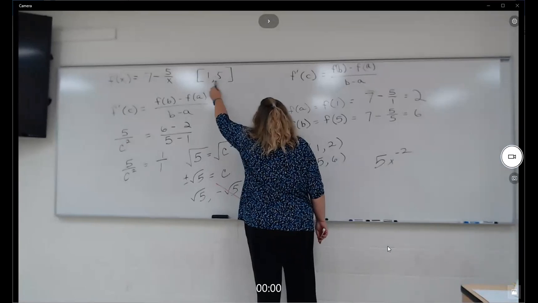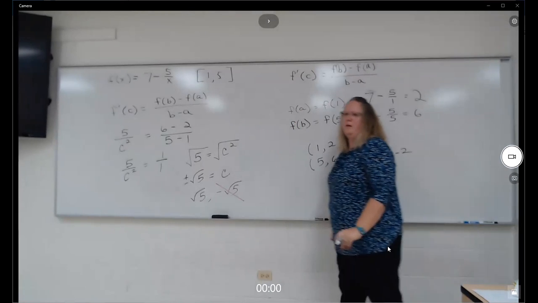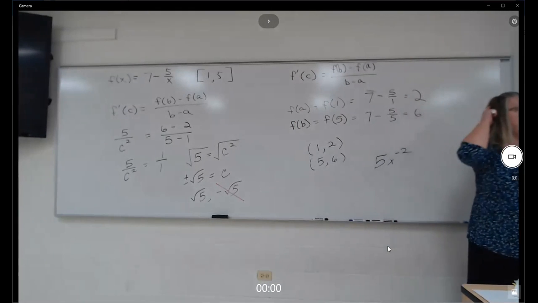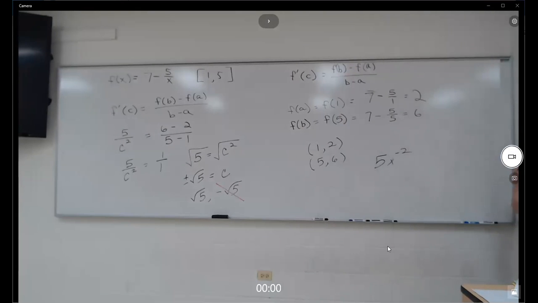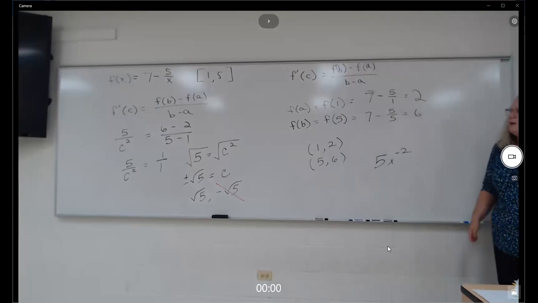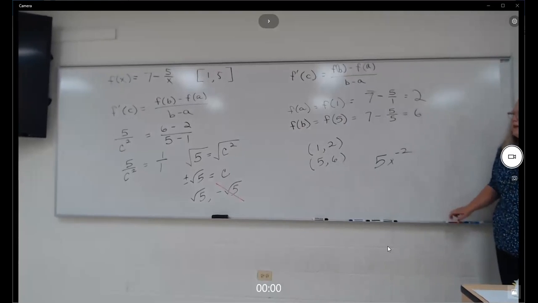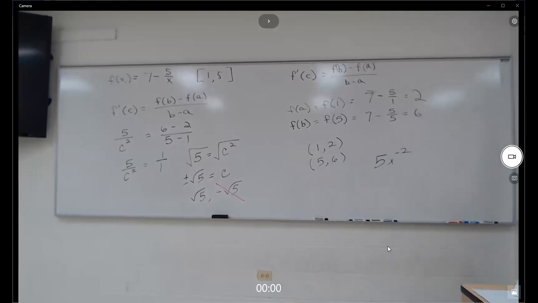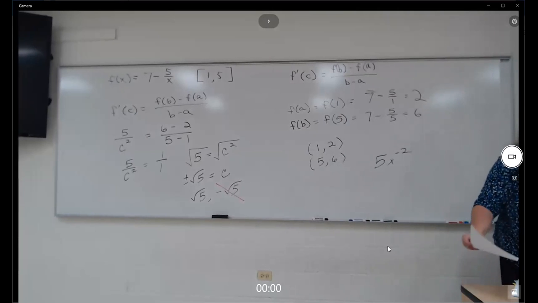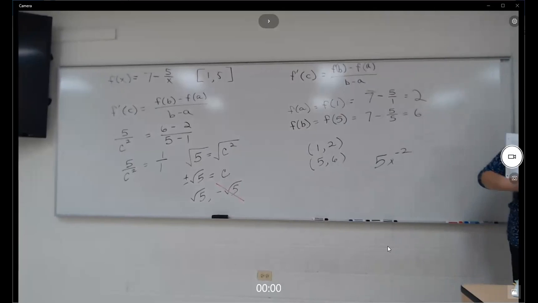So a negative would not fall between them. Hopefully the square root of 5 does fall between there. I think. So if you forget about the negative, that's usually okay. Most of the time we are dealing with positives. So most of the time you don't even have to worry about it. Good, okay.